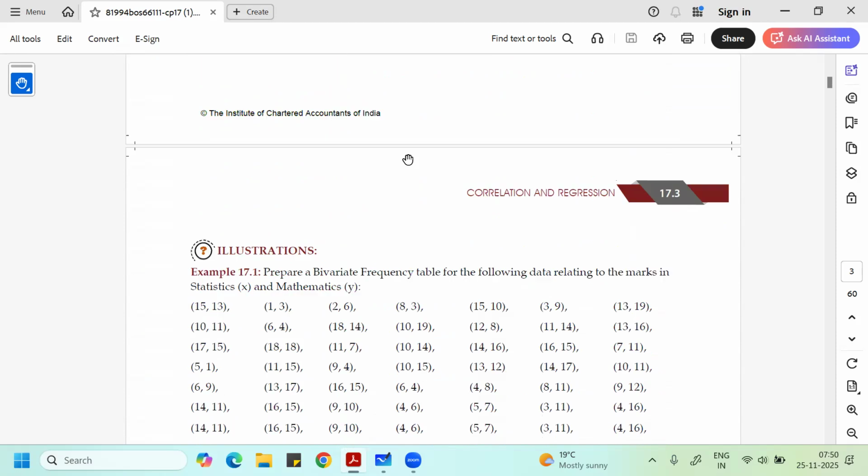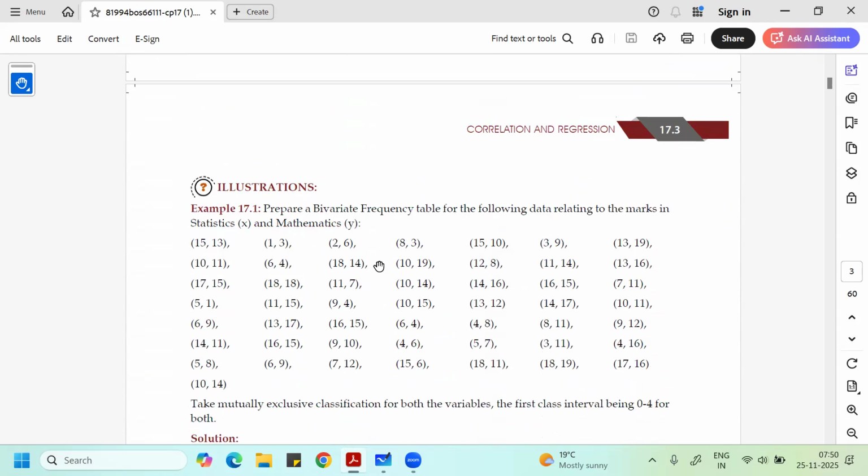Going further, you can use a scatter diagram to represent this data. If you have basic knowledge of coordinate geometry or two-dimensional graphs, you can take one variable, maybe marks in statistics on the x-axis and marks in mathematics on the y-axis, and put points where these values lie, maybe 15, 13, and so on.